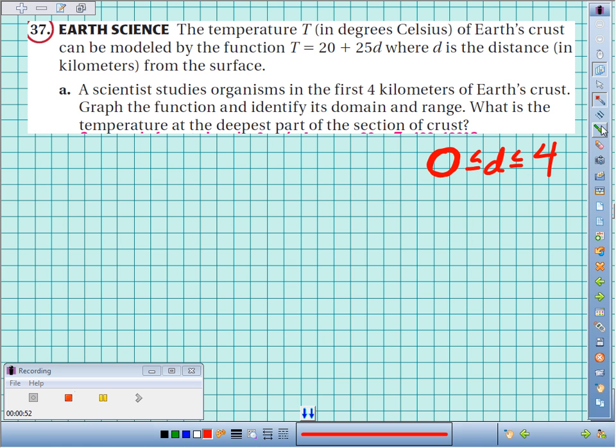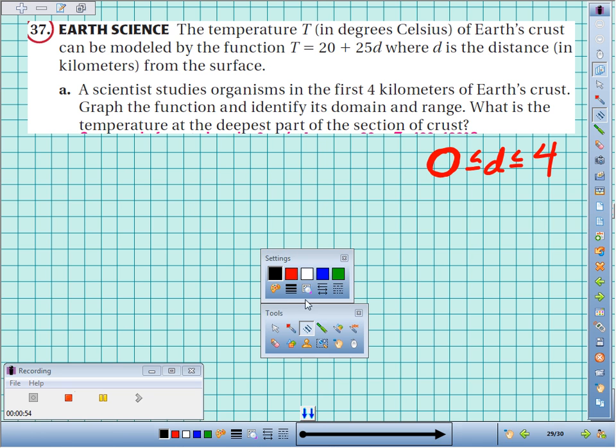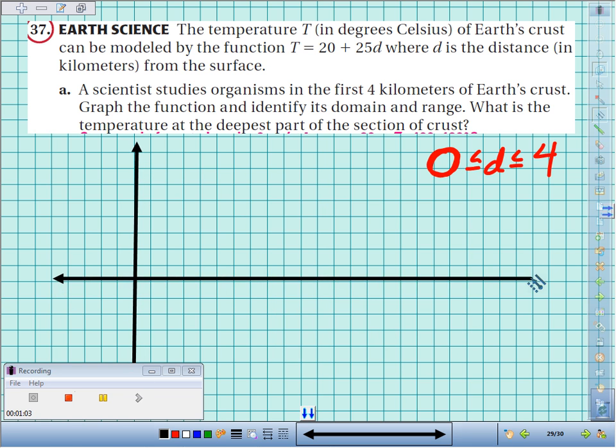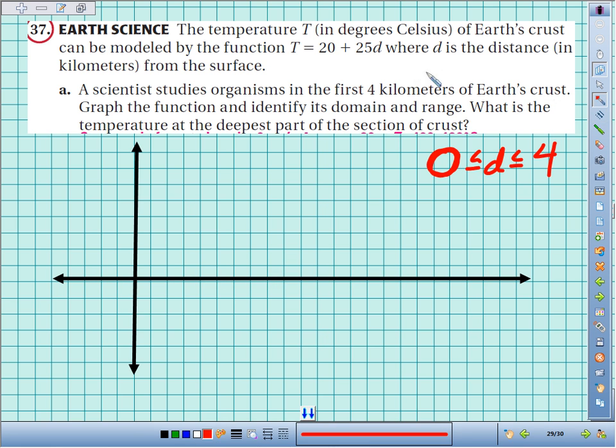If we were to graph this, let's see here, let me get my x and y axis going. And we're talking D is distance, so we'll call this distance in kilometers from the surface.